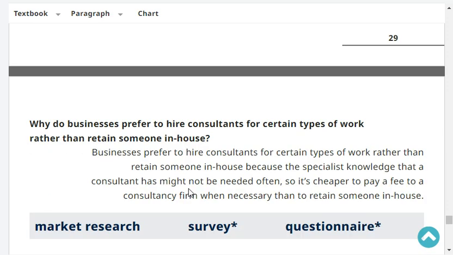Why do businesses prefer to hire consultants for certain types of work rather than retain someone in-house?